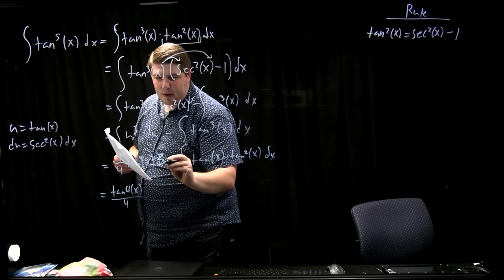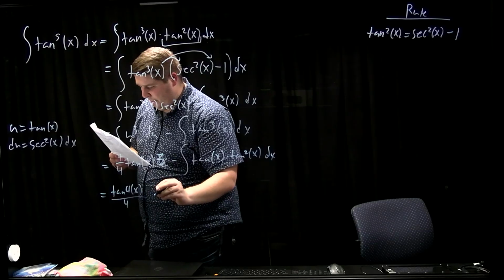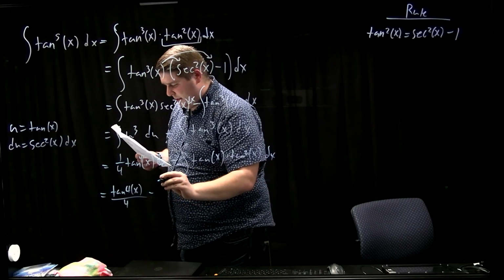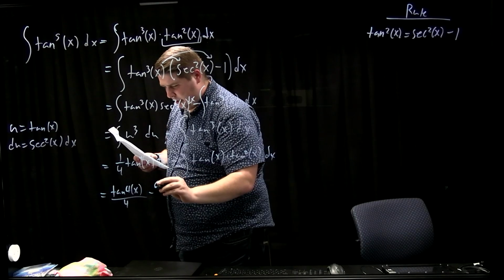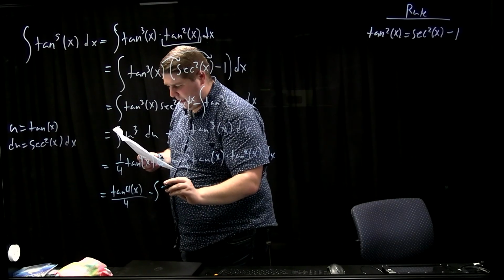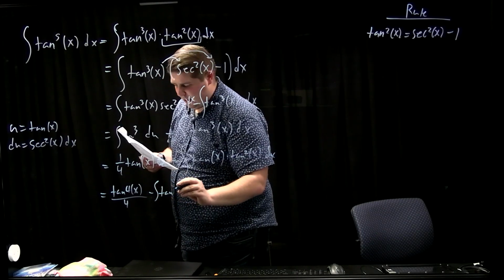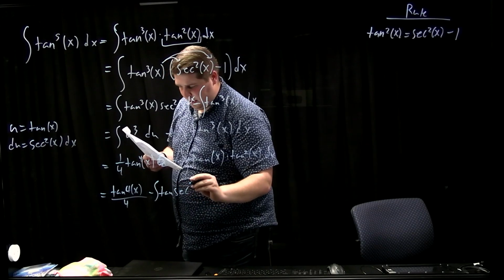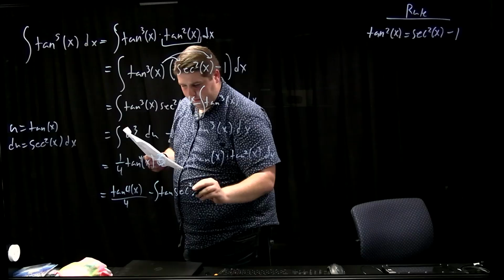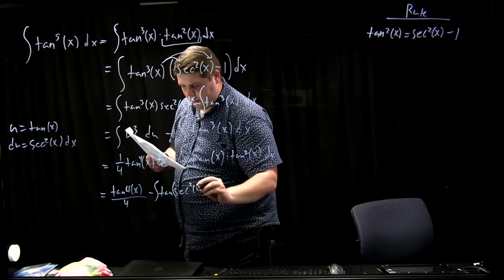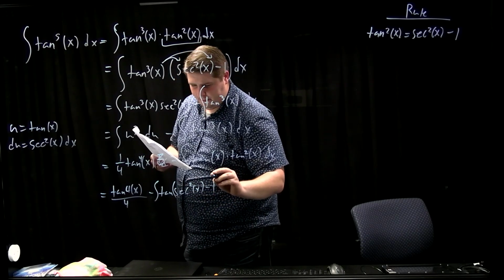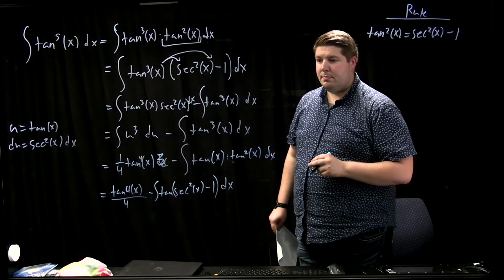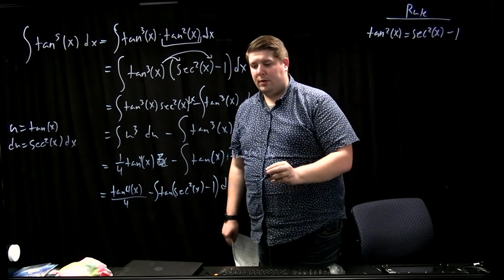There's no dx here, by the way. Sorry about that. Just making sure I got everything good. Minus the integration of the tangent times the secant squared of x minus 1 dx. Okay?